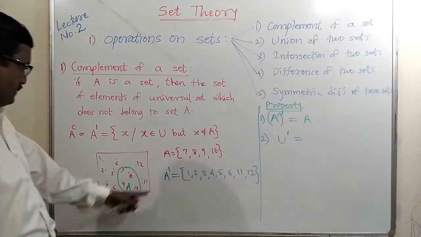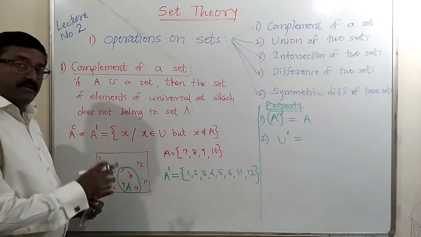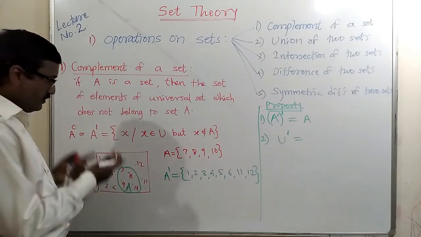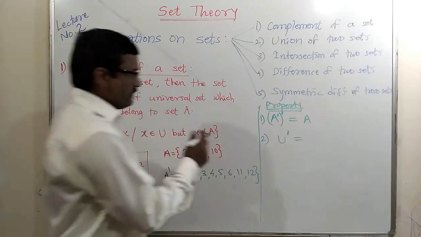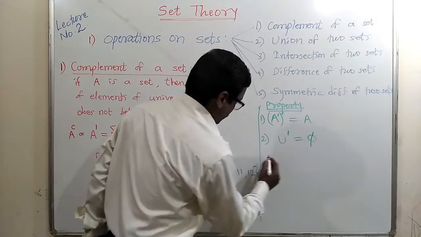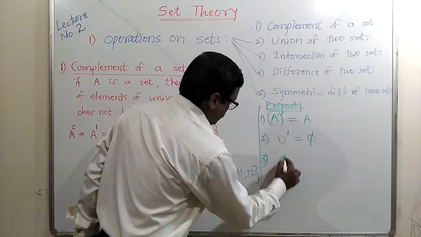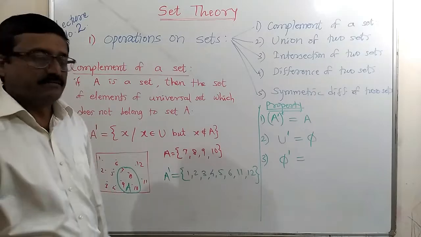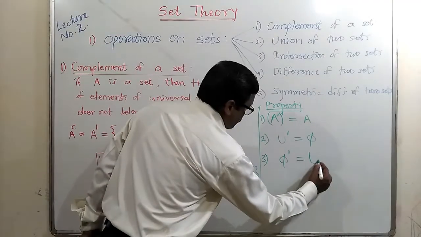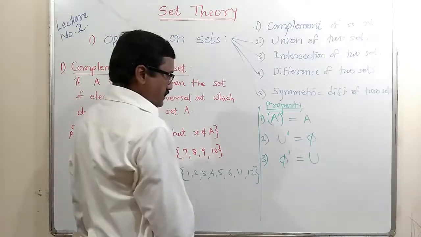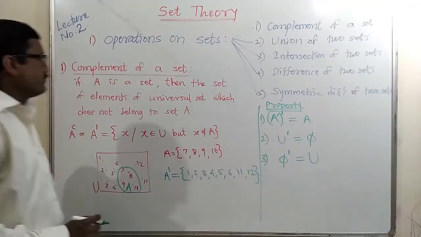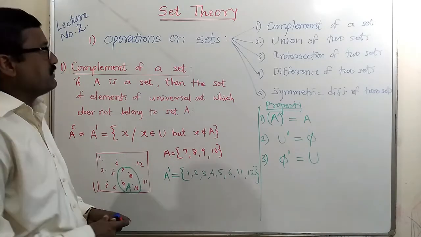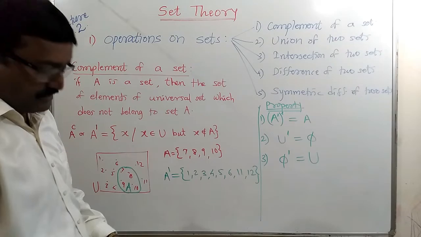Obviously, its complement means the elements which are not in universal set. Obviously, empty set, because all elements are present in universal set, so its complement is always empty set. Third, vice versa, the complement of empty set will be obviously universal set. Okay, so these are the properties related to the complement of a set. It's very easy to understand. Remember, because it will occur in the remaining operations also.